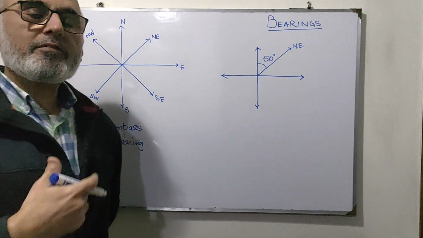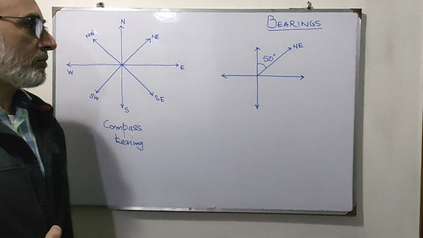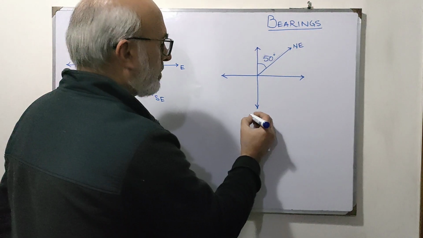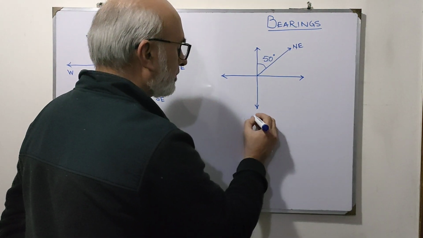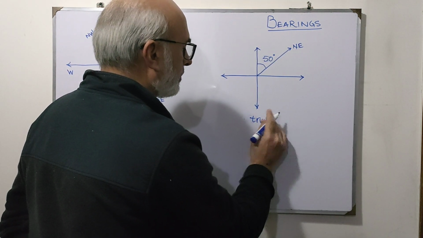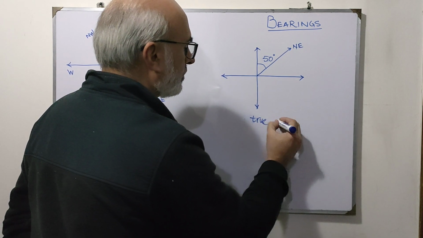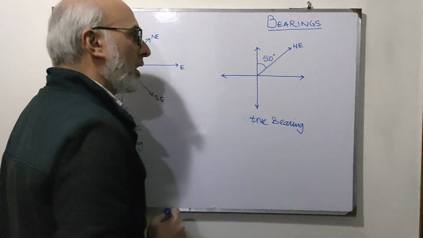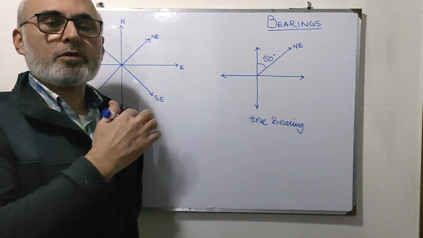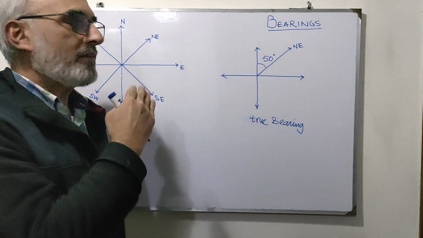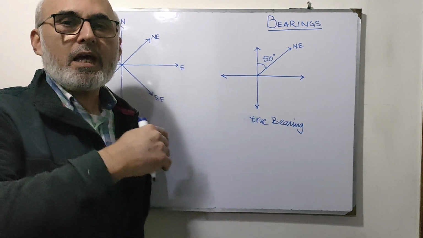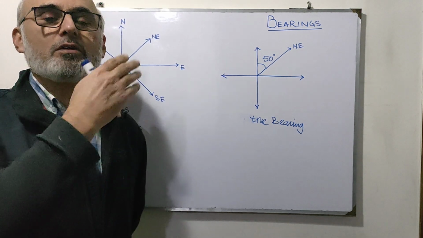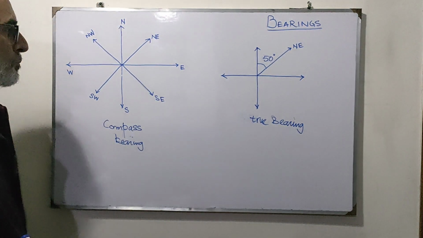Now, if I have degrees in it also, this compass bearing with degrees will become true bearings. This is more useful because now we know the direction and we have the degrees, so it will be more accurate and easy for us to follow that direction, right?